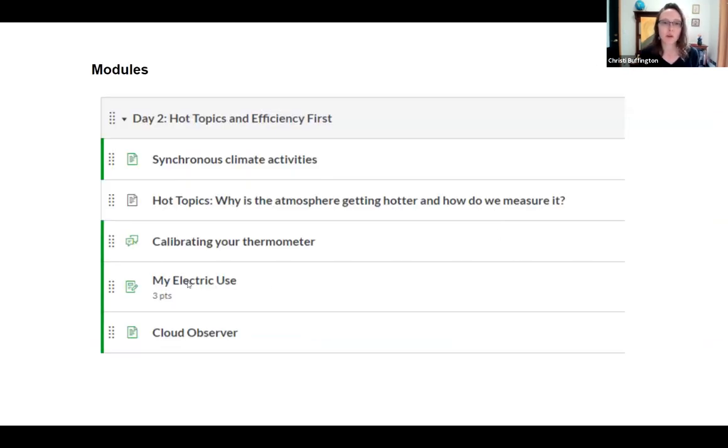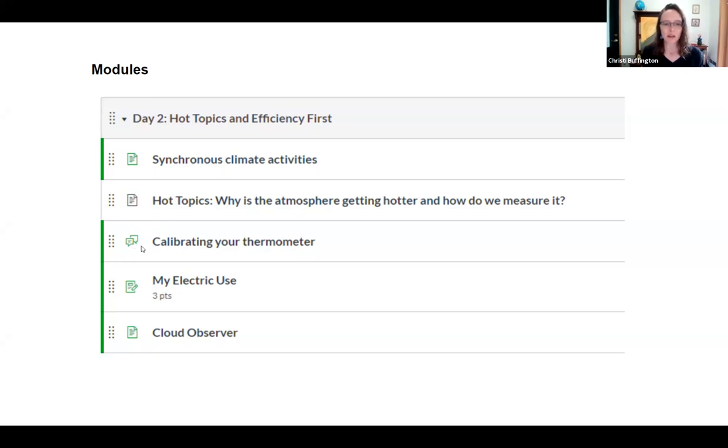Also today, you have some information in your modules on Canvas. You can see that there are synchronous climate activities. Those are the things that we're going over in the next 3 hours. And the presentation that I'll be giving, why the atmosphere is getting hotter and how do we measure it, is already in Canvas.